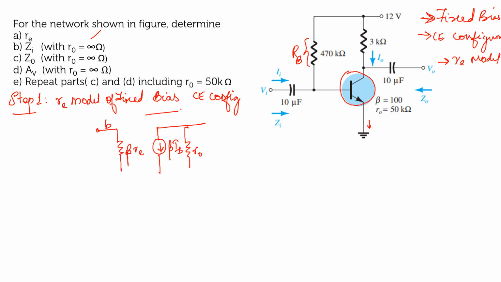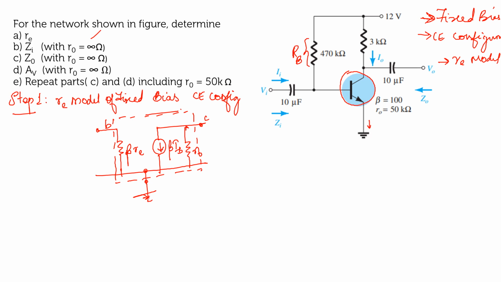This is your collector, and the emitter will be grounded. So this is the transistor replaced by your re model.